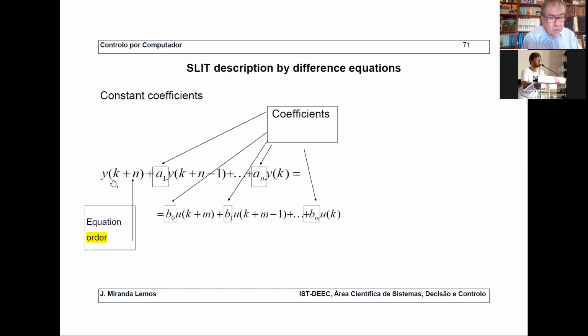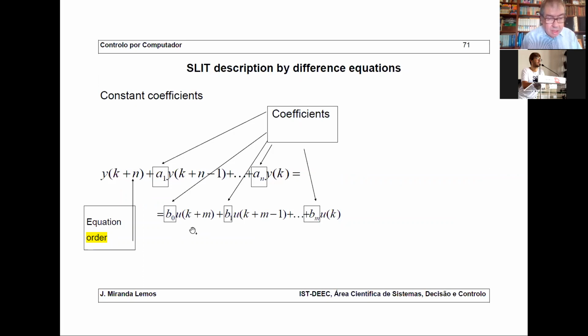So you can write y of k plus n equals minus this stuff plus this stuff. And so you need to know the values between y of k and y of k plus n minus 1. This is n because this is 0, and then you have 1 up to n minus 1. So 1 plus n minus 1, that's n terms. You have n terms here.